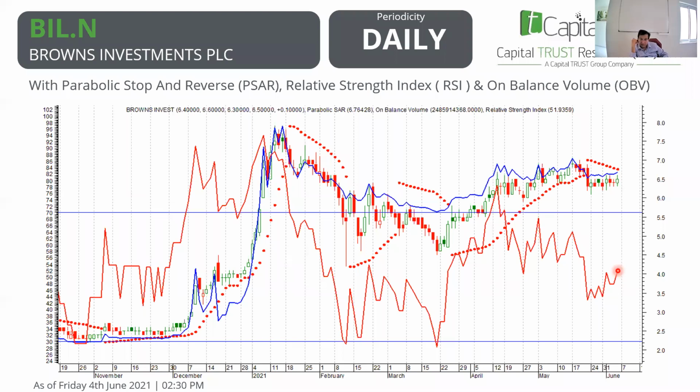Of late, Bill is slightly bogged down in a very narrow, low range. Perhaps they are awaiting news because they are the immediate beneficiary from any progress in the development of the new Port City project, which is the flagship of this company. And therefore this is something good to hold in the long term.